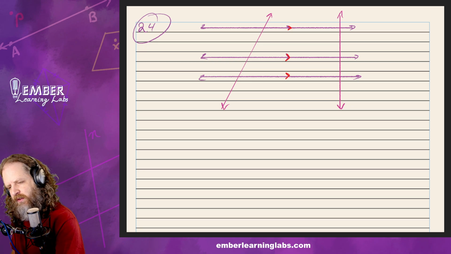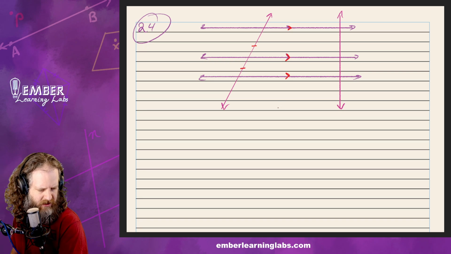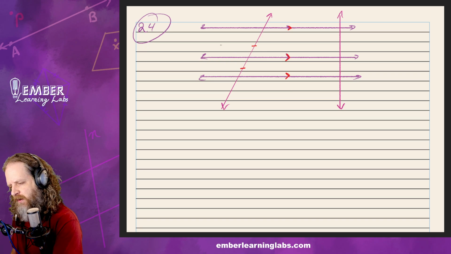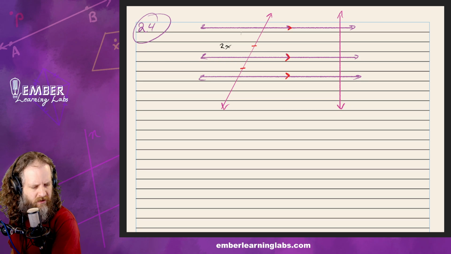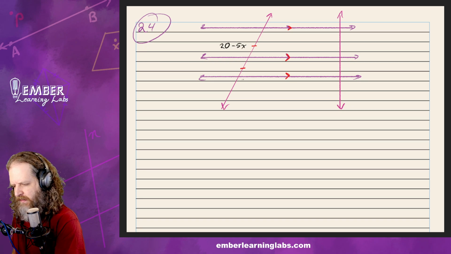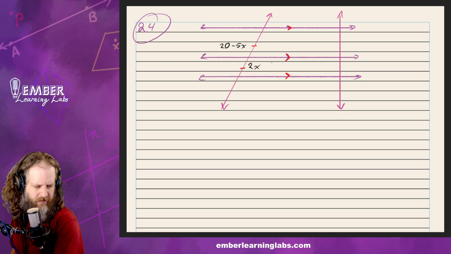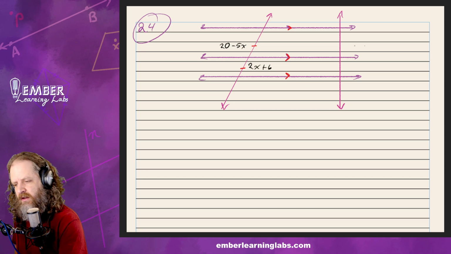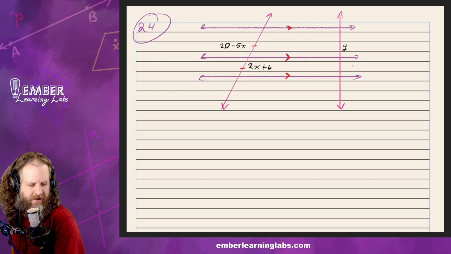We're told that this and this are congruent. We've got this one being 20 minus 5x, and this one is 2x plus 6. And this one's y.